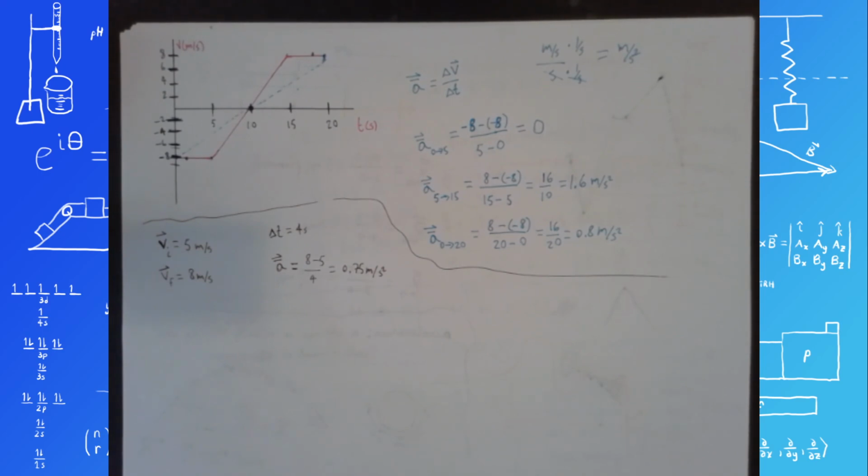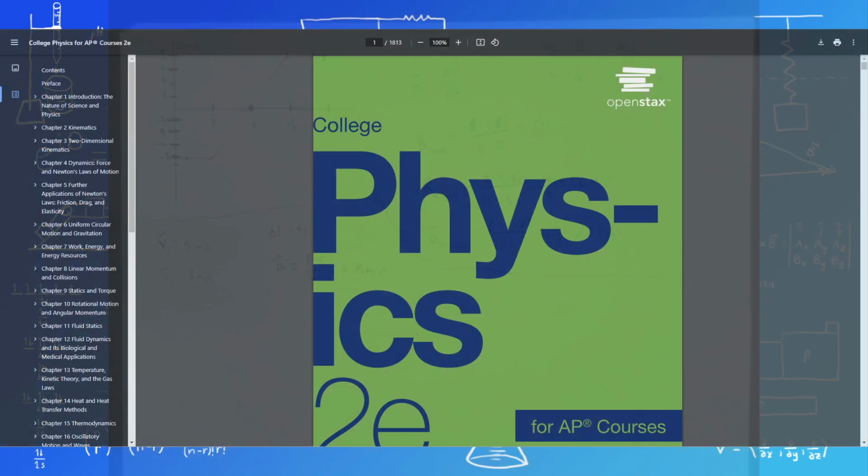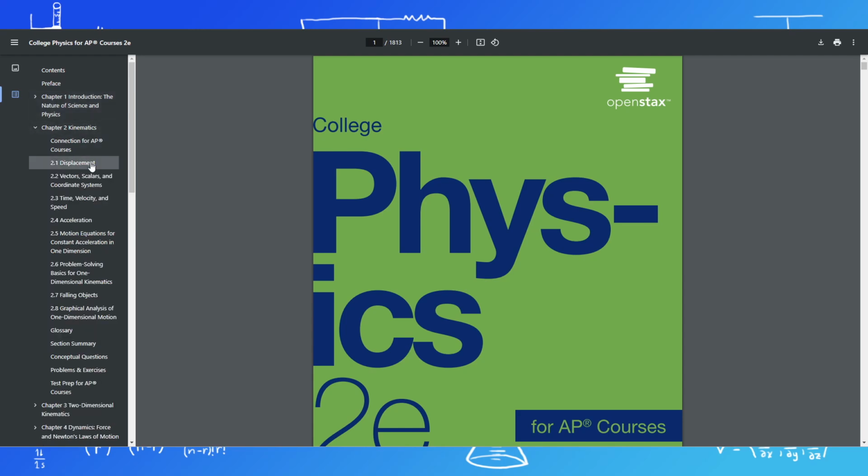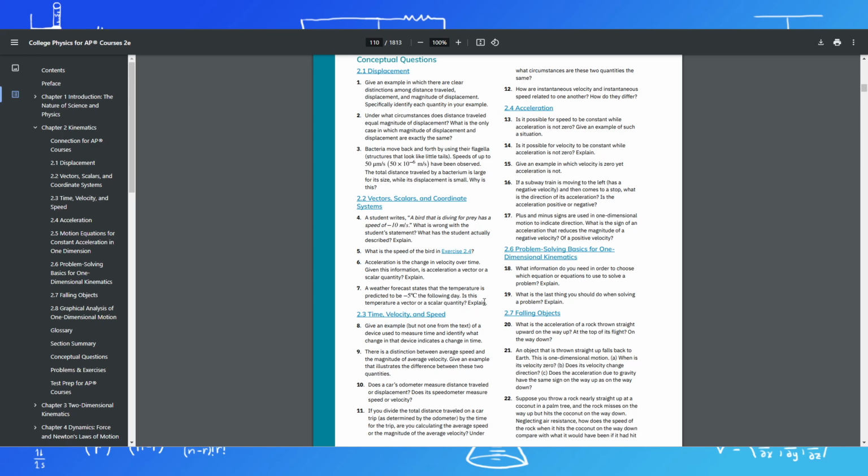So let's switch over to that screen. And let's see what we can do. So Chapter 2, Kinematics. If we skip down to the conceptual questions, we've covered displacement. We've talked about vectors and scalars, so those are fair game.